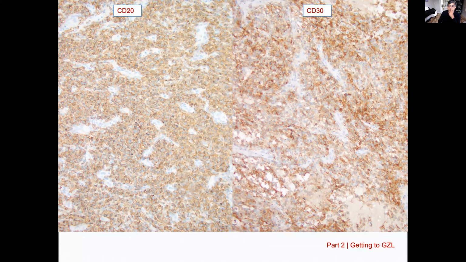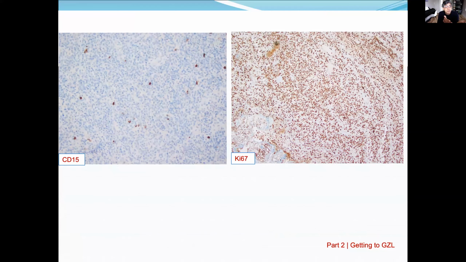So that throws a wrinkle for us. CD15 here is staining the neutrophils, and the main cells that are lymphoma cells are not staining for CD15. And Ki67 is strongly positive with numerous positive cells, which is a lot. Normally we don't do Ki67, but if we have a sheet-like proliferation, we like to do Ki67.